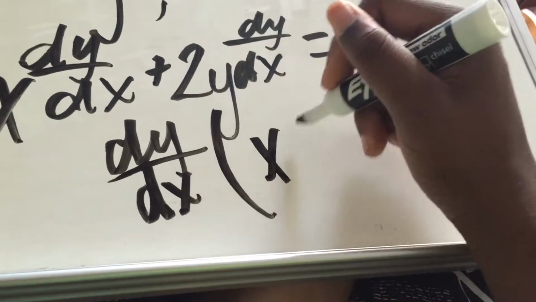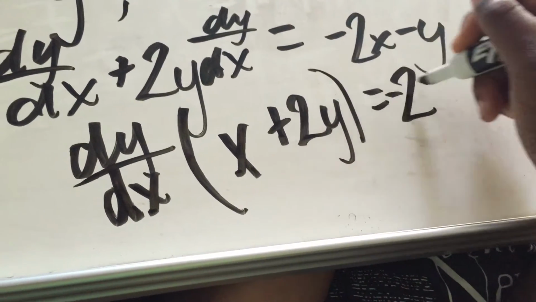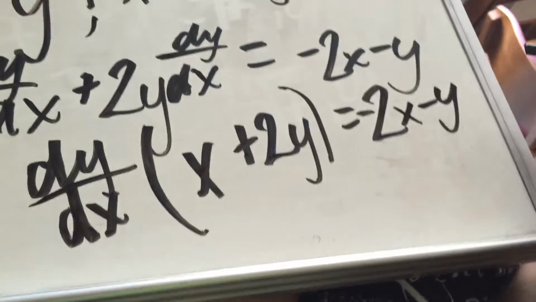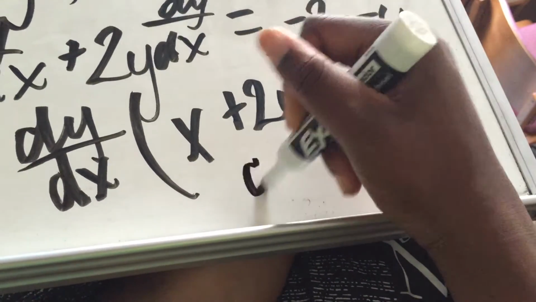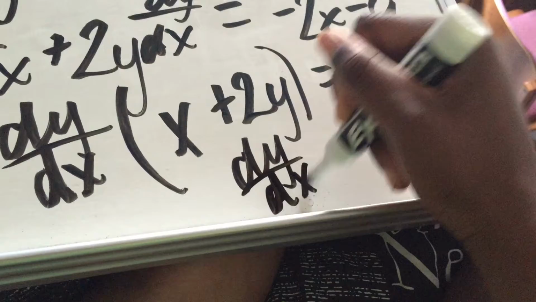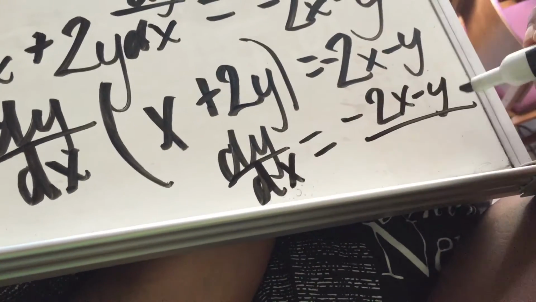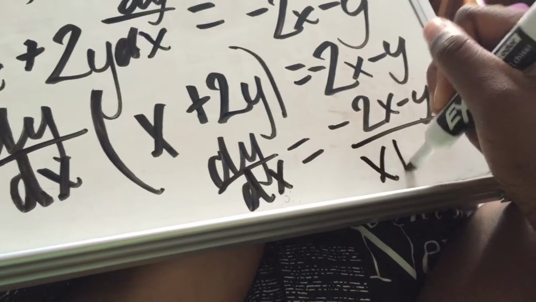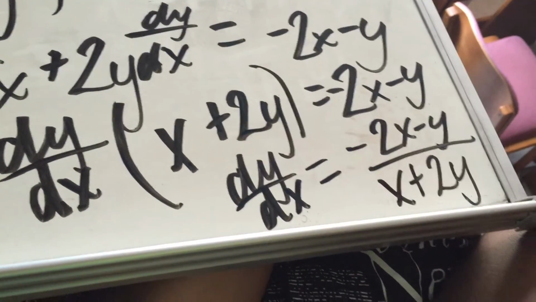And I'm going to have x plus 2y is equal to negative 2x minus y. Now I'm going to divide both sides by x plus 2y and have dy/dx is equal to negative 2x minus y over x plus 2y. And that's the derivative.